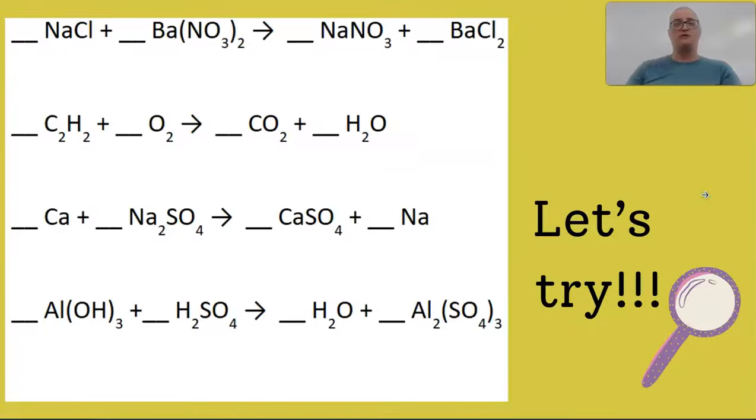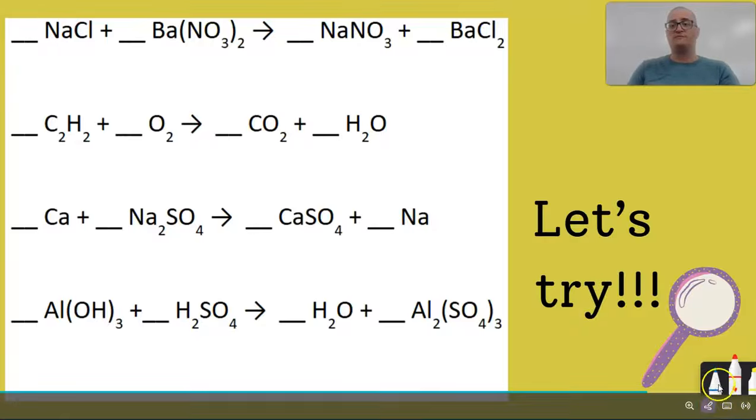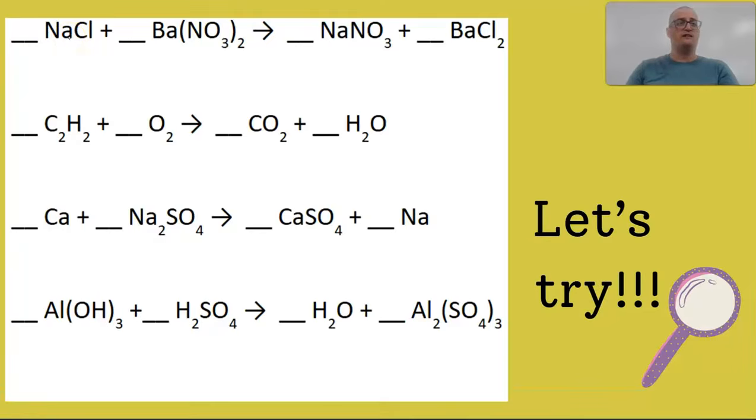All right, so we've got our formula equation up here. I can see that we first have, let me get my writing utensil out. All right, so we've got NaCl, right?